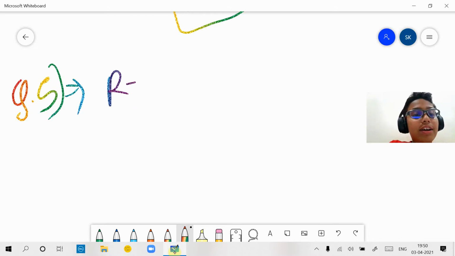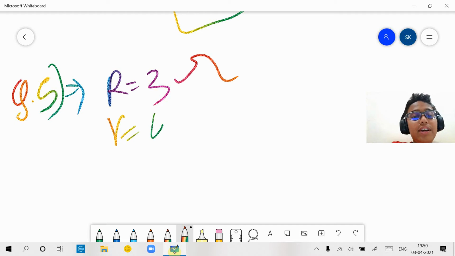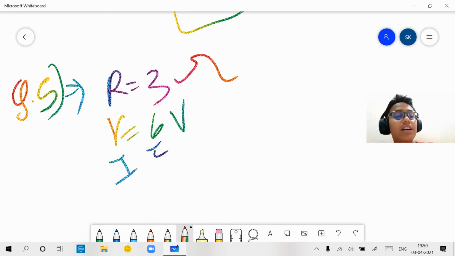So R is given as 3 ohm and voltage is given as 6 volts. Find I, the current flowing through the wire.